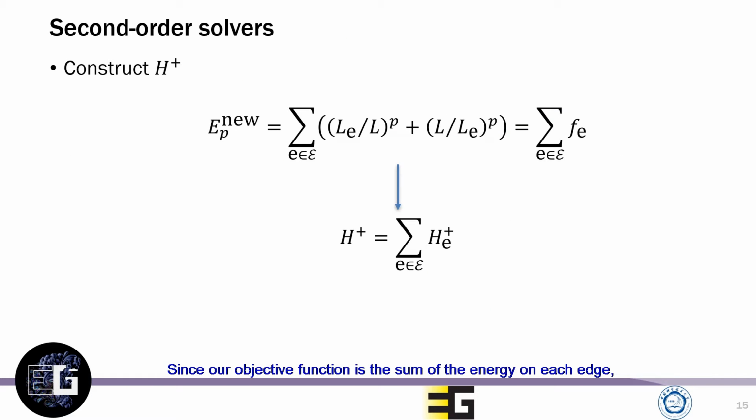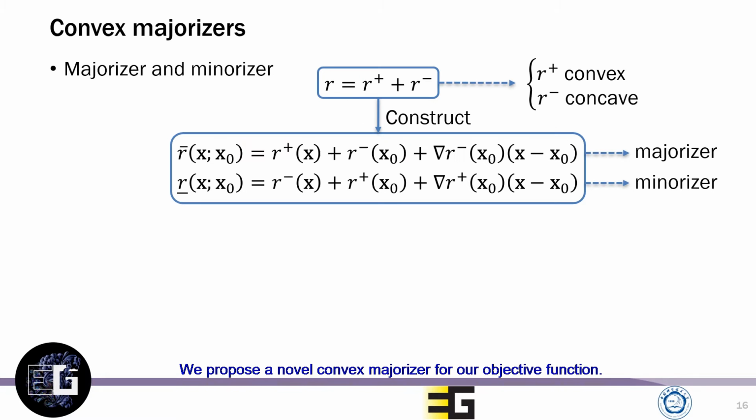Since our objective function is the sum of the energy on each edge, we construct the modified Hessian matrix by computing on each edge. We propose a novel convex majorizer for our objective function.